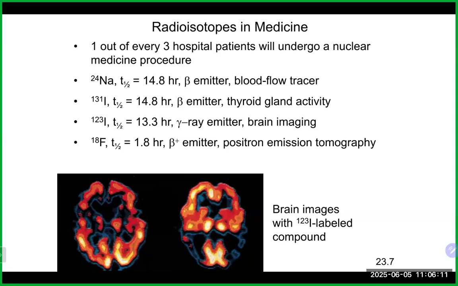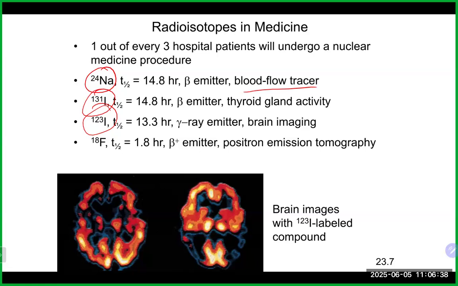So, for example, they could use something like sodium-24 as a blood flow tracer, iodine-131 for thyroid glands, and, as you can see here, brain imaging with iodine-123. They basically follow the radioactivity.